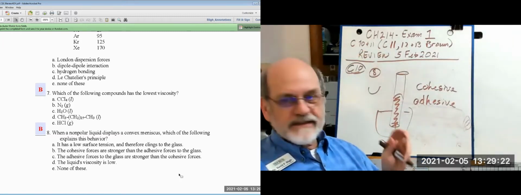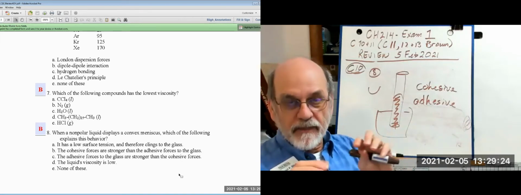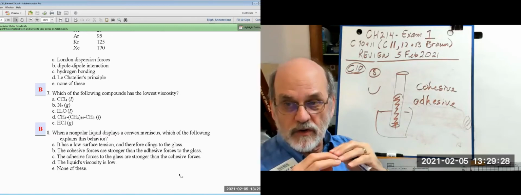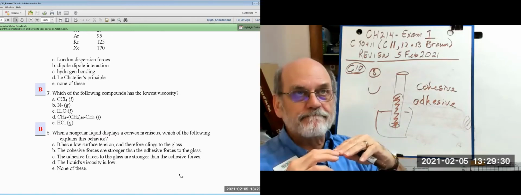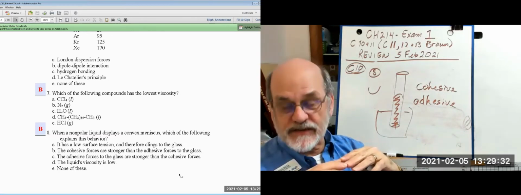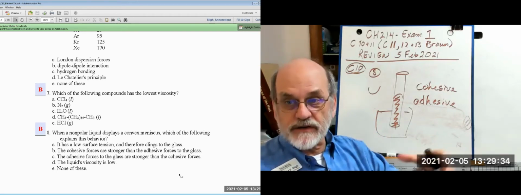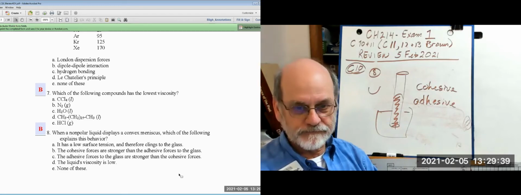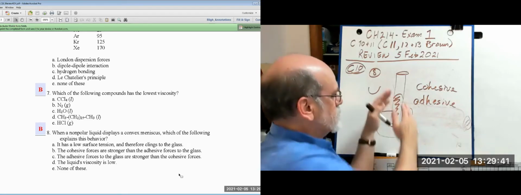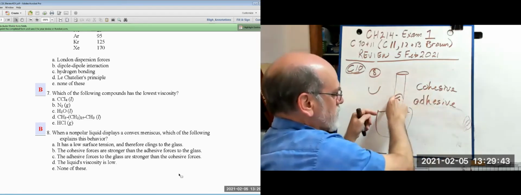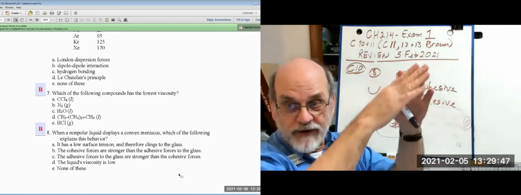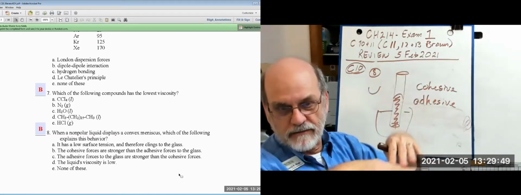Surface tension is the tendency of a liquid to resist an increase in surface area at the surface of the liquid. So that would tend to, see, the meniscus has a certain surface area, but if you can flatten it, you have less surface area.